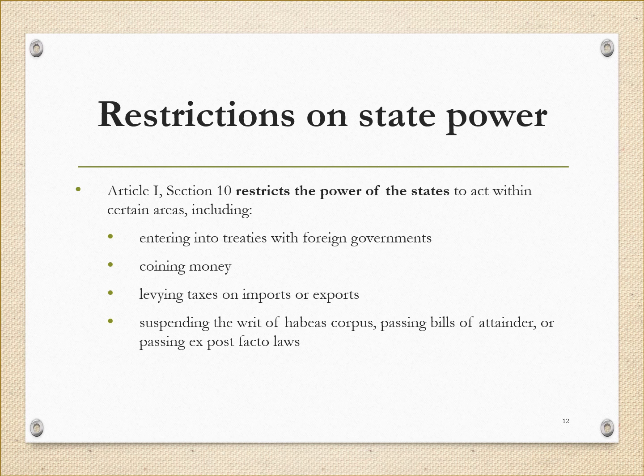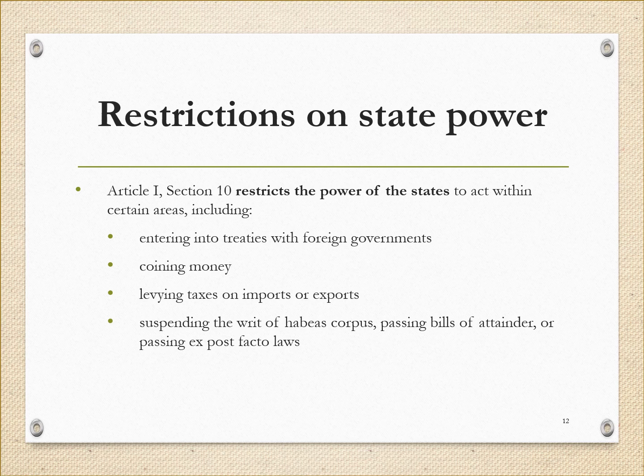Article 1, Section 10 restricts the power of states to act within certain areas, including they can't enter into treaties with foreign governments, they can't coin their own money, they can't levy taxes on imports or exports, or suspend the writ of habeas corpus, passing bills of attainder, or passing ex post facto laws.